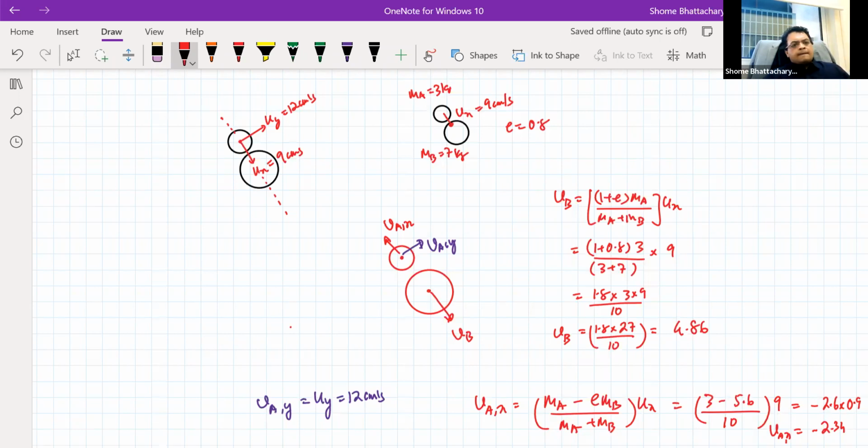Okay. So now that you've understood the concept of these type of collisions, you can see how you can simplify.